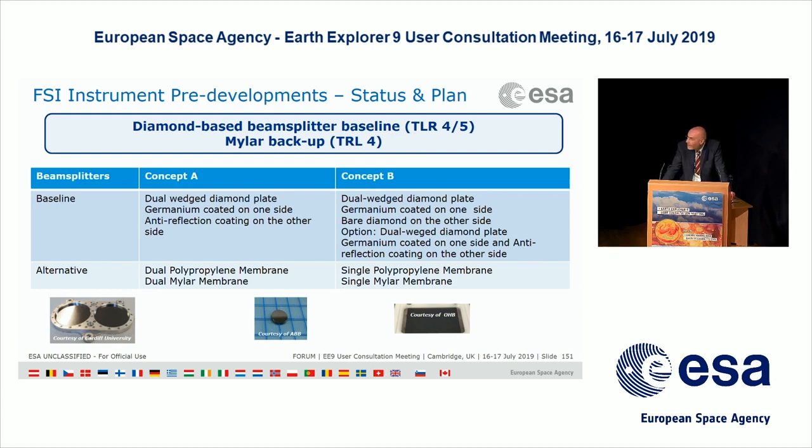Only the latter has been retained as a potential alternative solution after the first characterization test. The polypropylene, due to the result of the initial manufacturing and characterization activity, will not be retained.